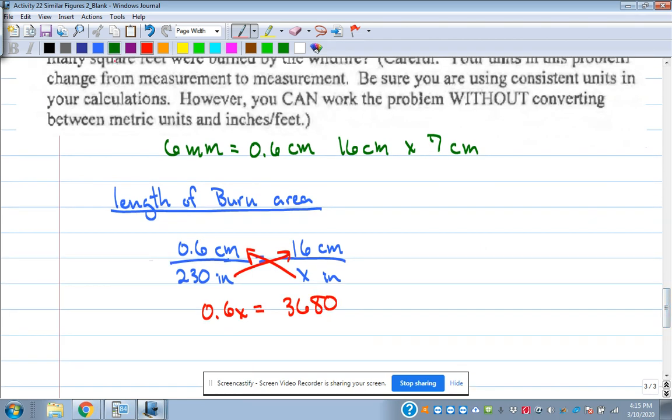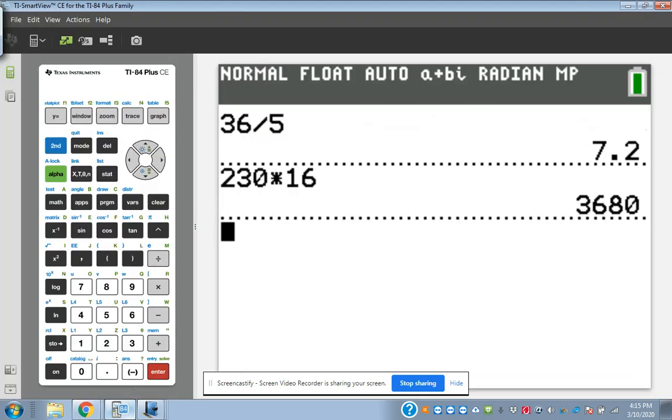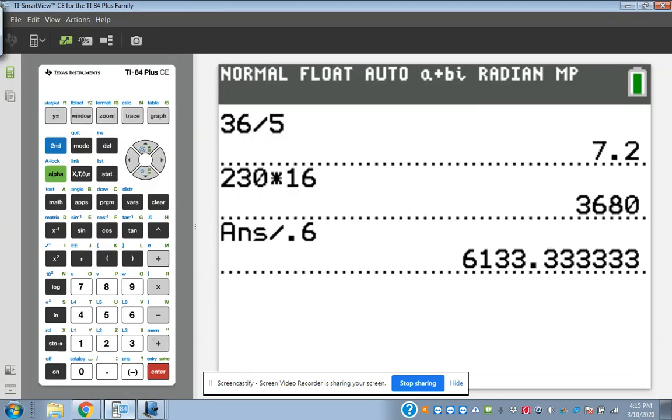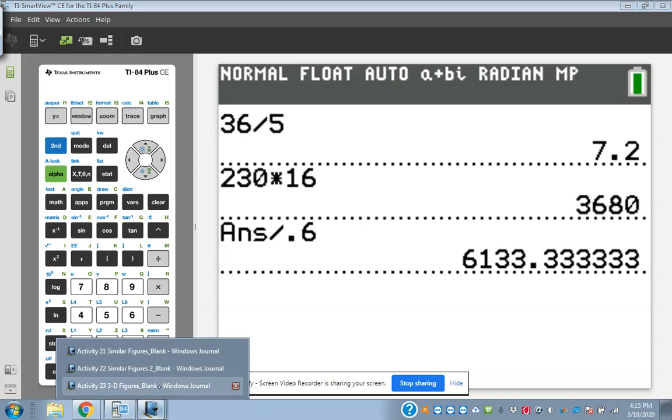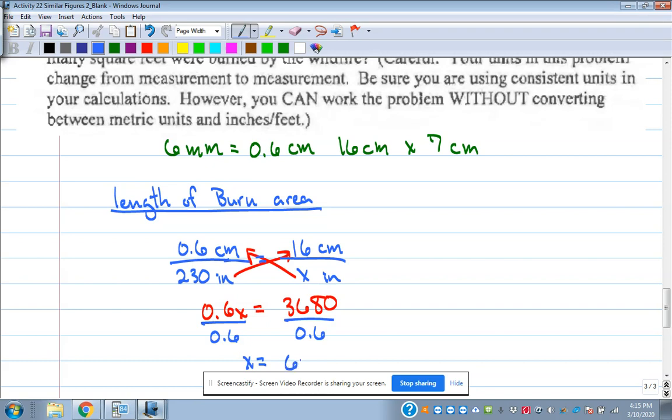And then we're going to divide by 0.6. That's 6133.3 repeating inches. Okay.